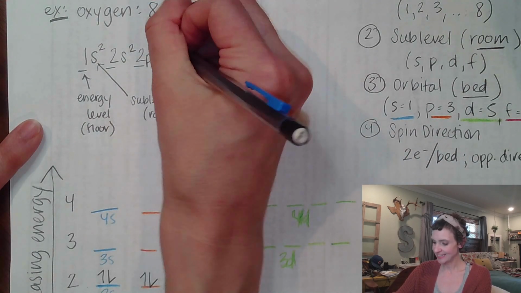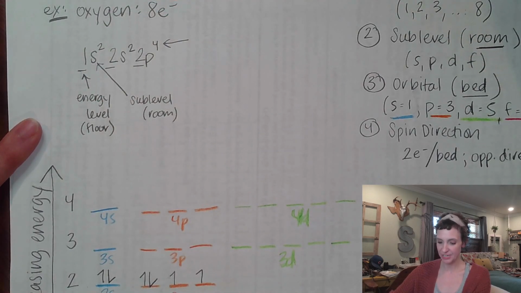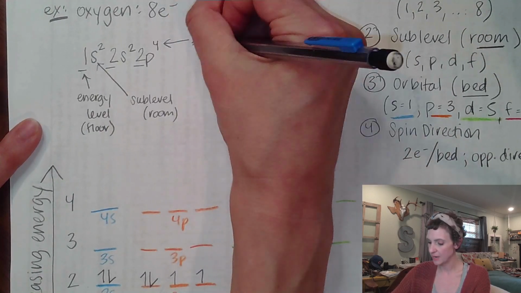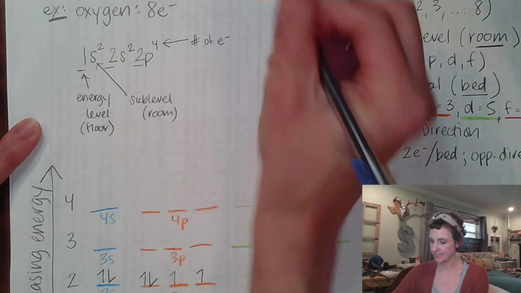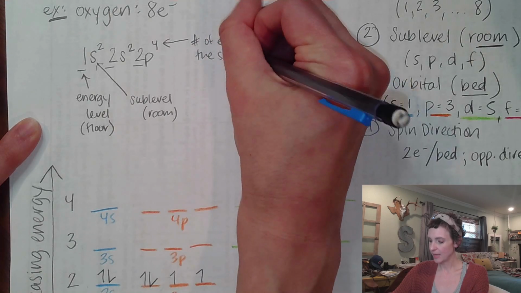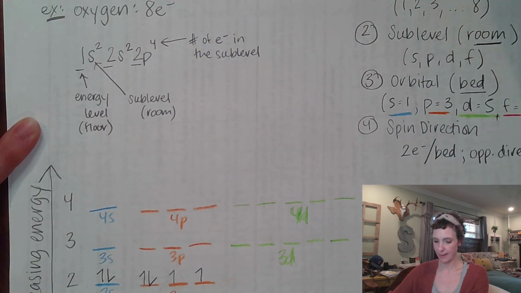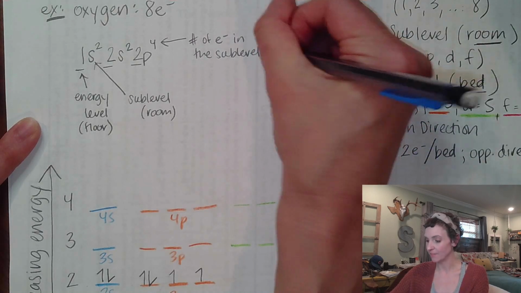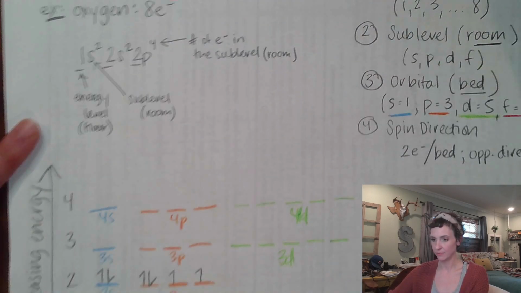And then the numbers up at the top represent the number of electrons in the sublevel, okay? Which once again, the sublevel is the entire room.